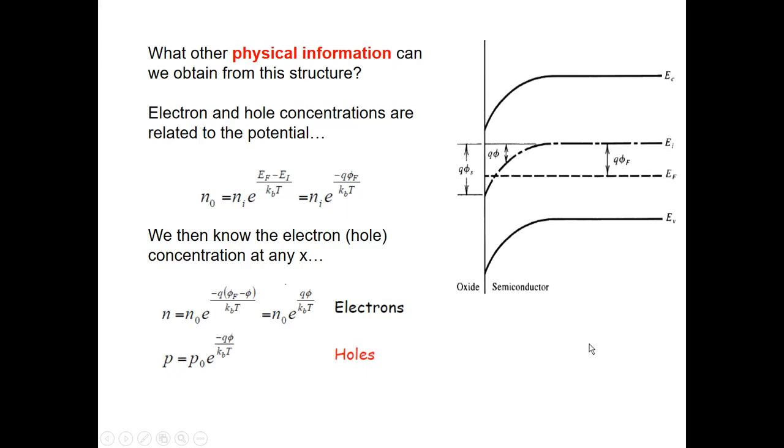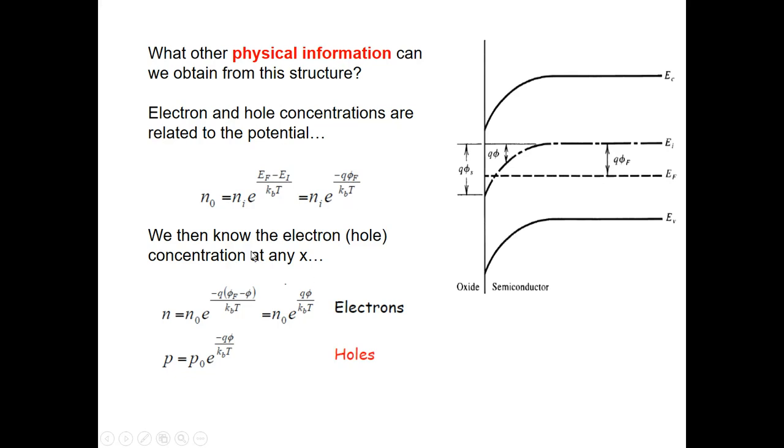And what physical information will we get from the structure? Electron and hole concentrations are related to the potential. So we can write n0 is equal to Ni into e raised to (F minus Ei) by kT. That means now it is Ni into e raised to minus Q phi f by kT.